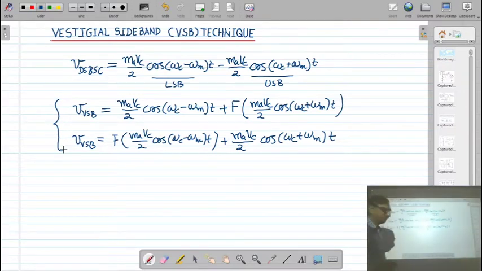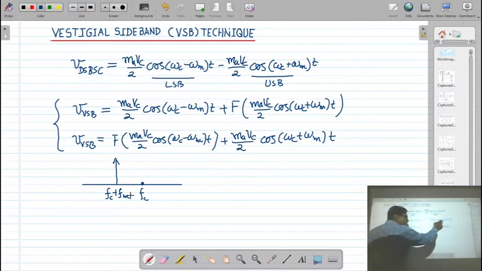Now if you see the frequency spectrum, then you can represent it in this way. Suppose we have a carrier frequency Fc that is somewhere here, and it is suppressed, so you have to represent it with a dot. And suppose you are going to transmit a lower sideband frequency completely, then we can draw a line with an arrow here, which is representing Fc minus Fm.